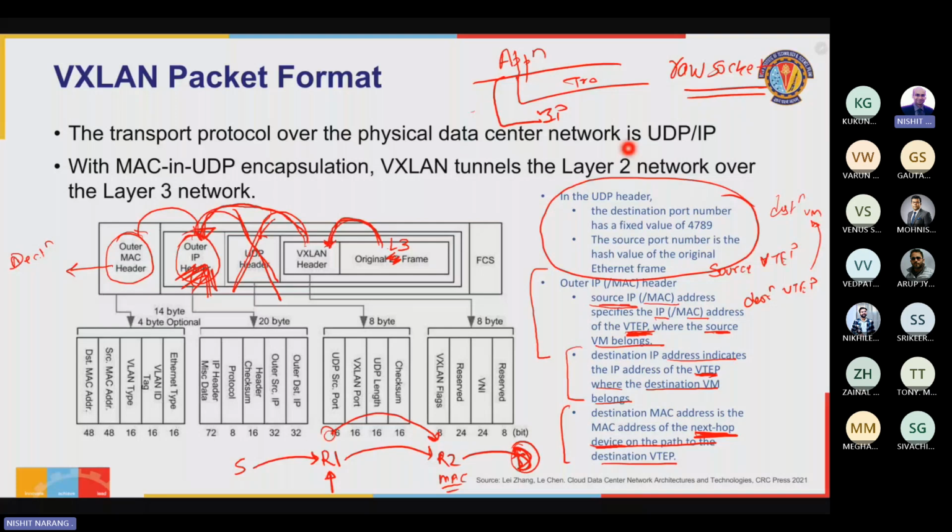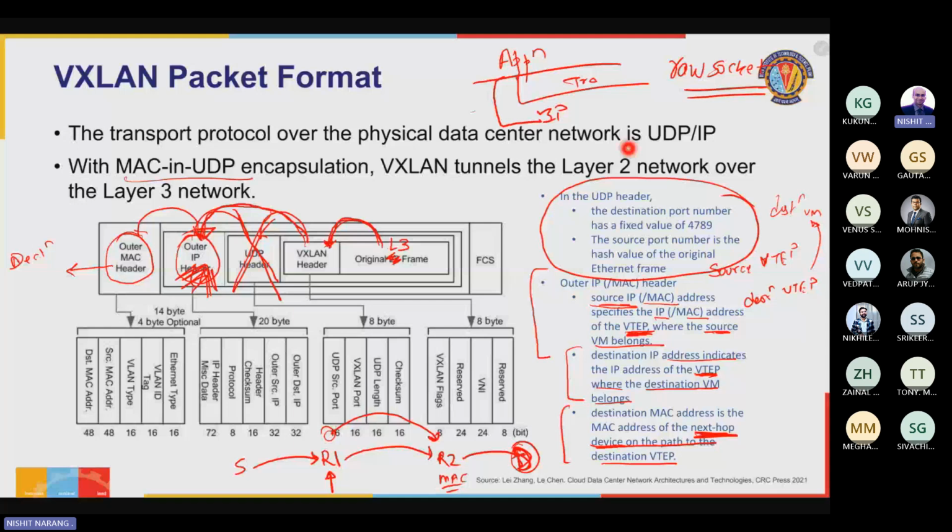While we call it a MAC in UDP encapsulation, this is because of historical reasons. When we come from access, aggregation, core, the servers were always L2 connected over a layer 2 network. And therefore VXLAN also supports layer 2 overlay networks over an underlay layer 3 network.